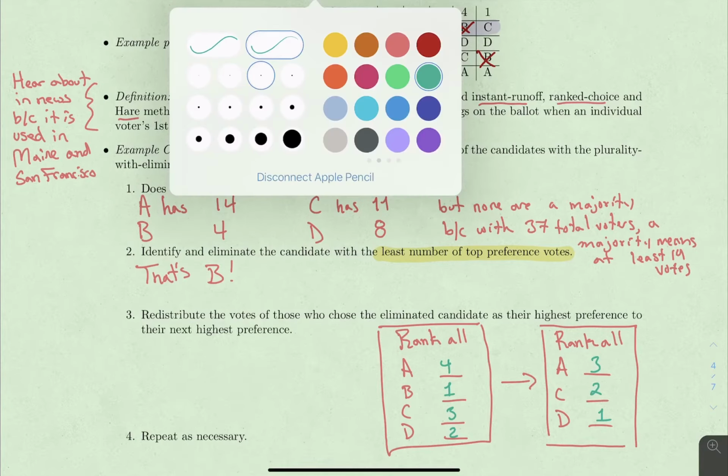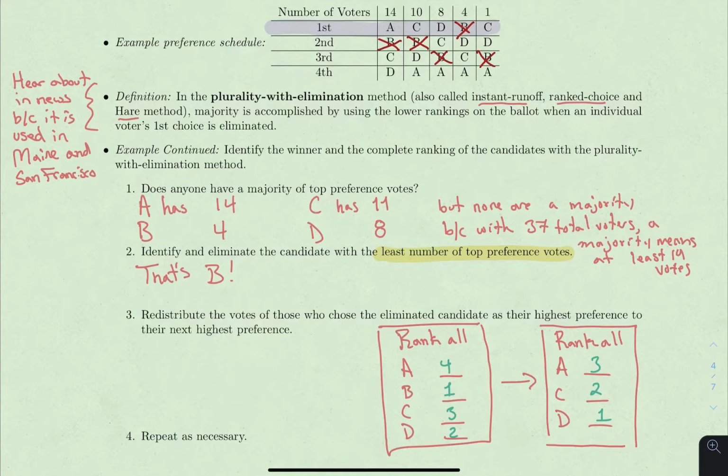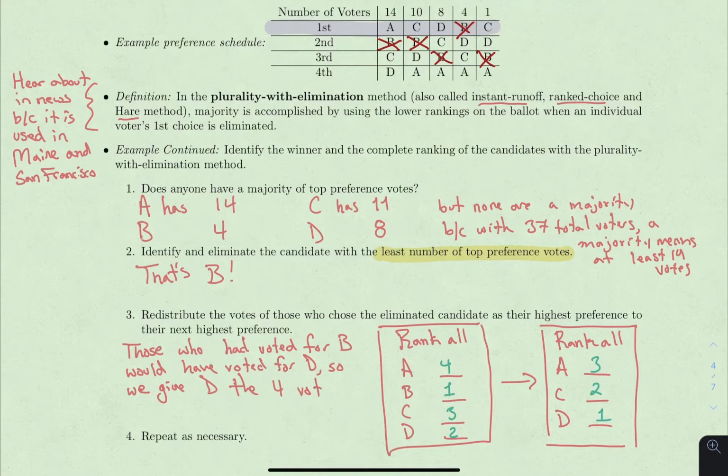So those who had voted for B would have voted for D. So we give D the 4 votes. That's the elimination and the redistribution.